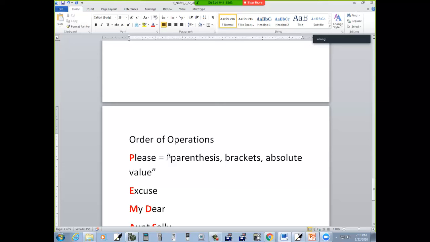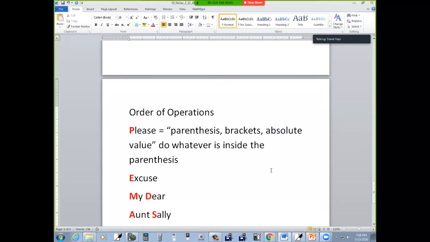Now, typically what this means is you do whatever is inside the parentheses or brackets or absolute value. In the case of absolute value, it actually means get rid of the absolute value. Now, a lot of people interpret this as get rid of the parentheses, and that's not what it means. It says do whatever is inside the parentheses.